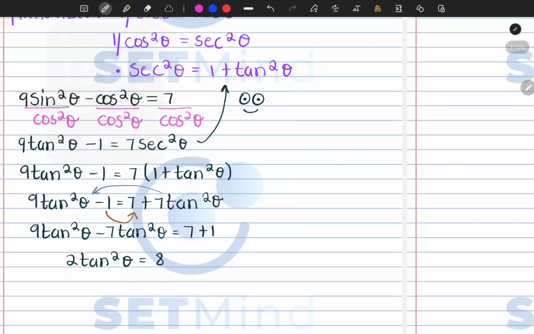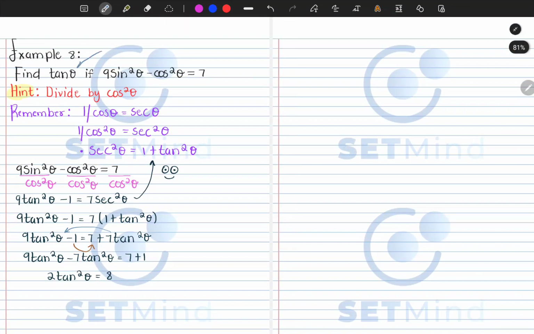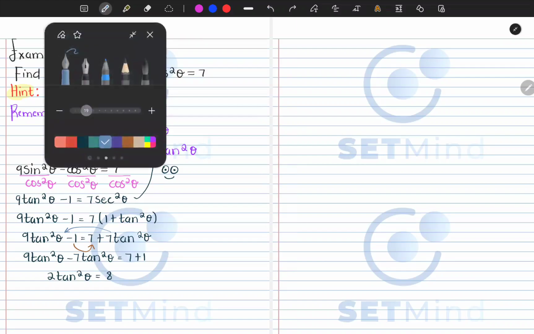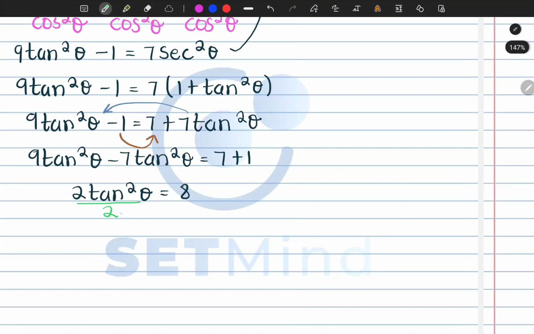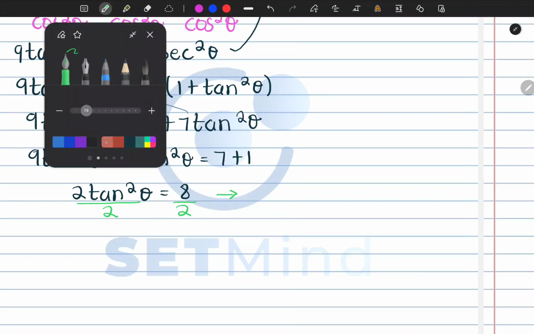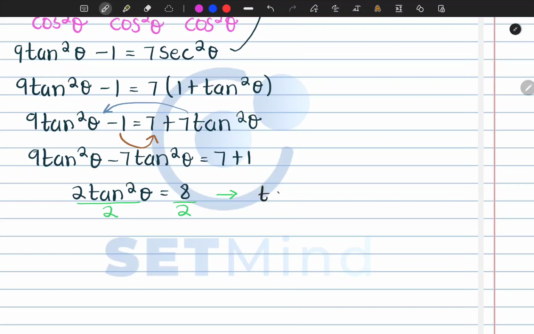Because our question was asking us to find tan theta, we need to divide by 2, then take the square root afterwards. So let's divide by 2. What you do on the left, you do on the right. So we end up having tan squared theta equal to 4.